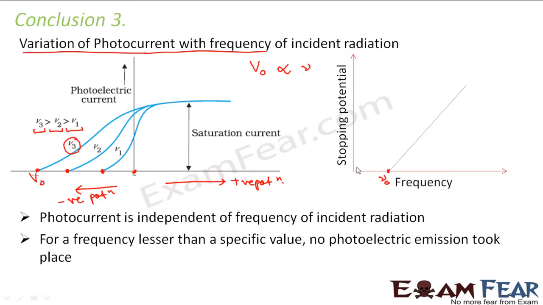It will drop to 0 after some time, because it will increase the value of the stopping potential. So the time when the photocurrent drops to 0 will come a little later, because that will need a little more potential, right? So this is how we studied the variation of photocurrent with frequency.